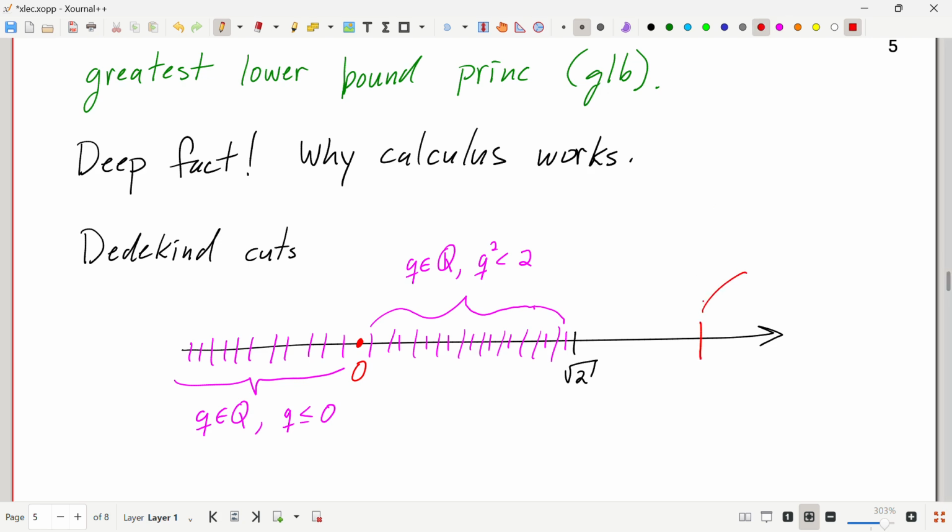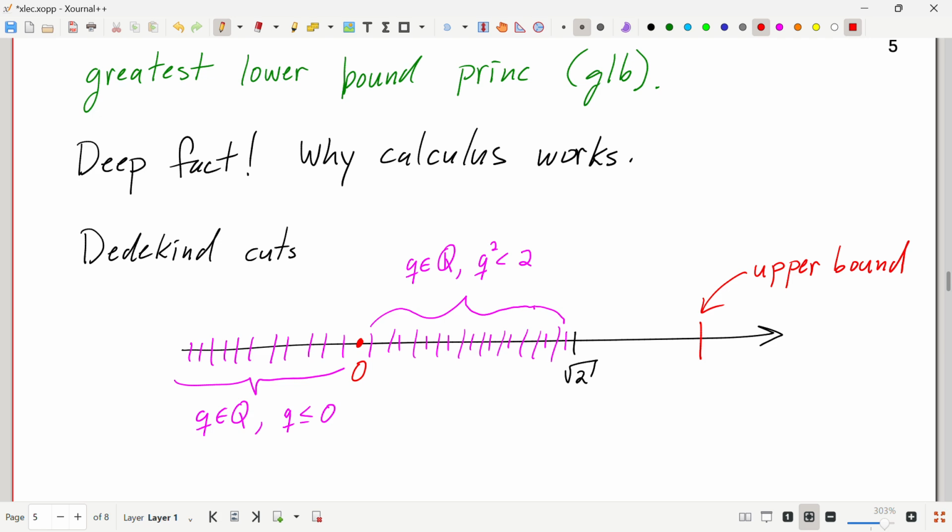Here's an upper bound for that set. It's bigger than everything in that set, so it's an upper bound. By the way, everything in the left-hand side, q's, is less than anything on the right-hand side, q's. So this partitions the q's into a smaller side and a bigger side.